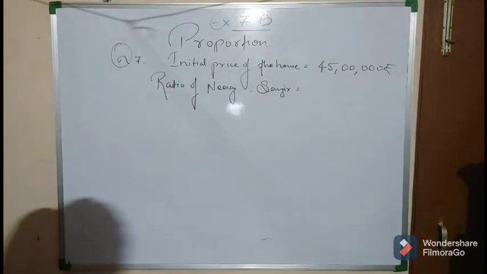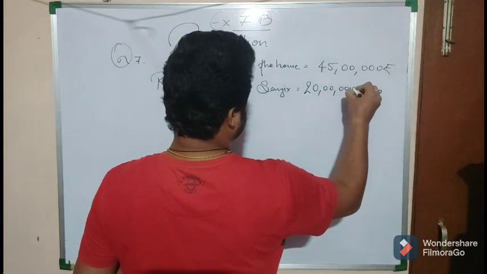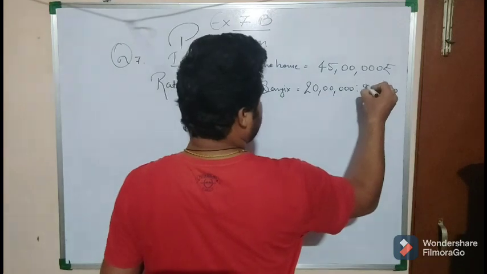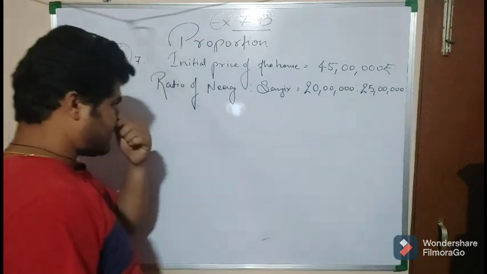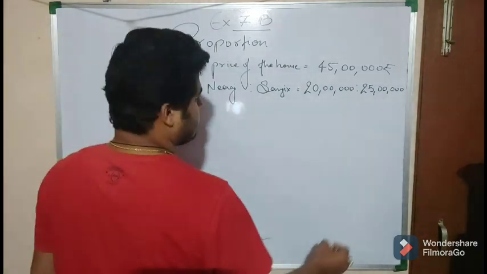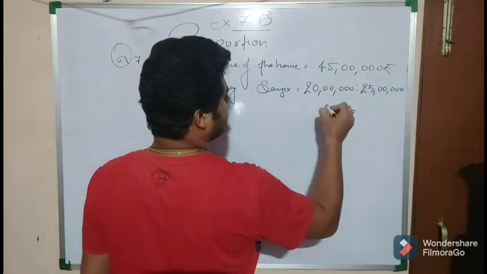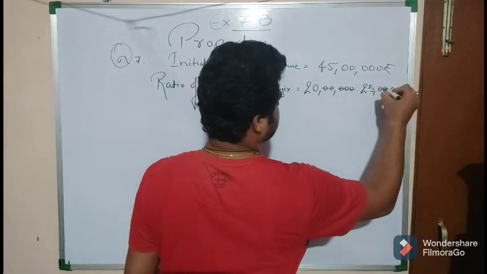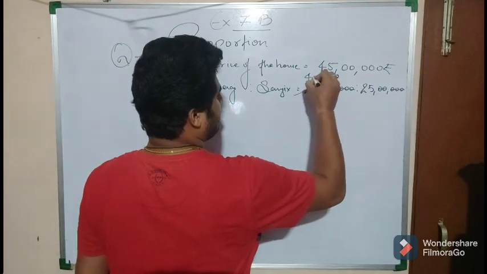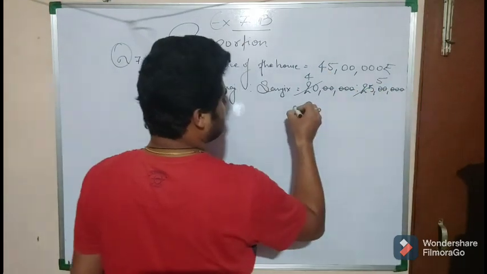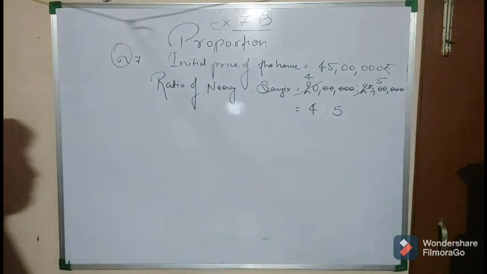Neeraj paid 20 lakh, so the rest, that is 25 lakh, was paid by Sanjeev. So what ratio did they have? We can cancel these zeros, then we can cancel with 5. 5 4s are 20, 5 5s are 25. So the ratio was 4:5.